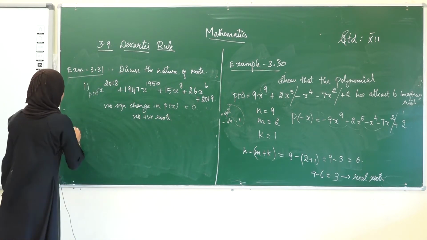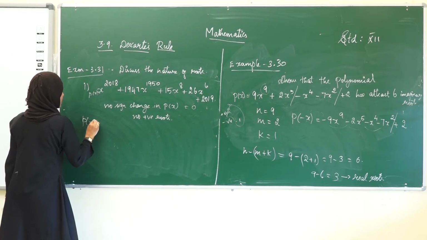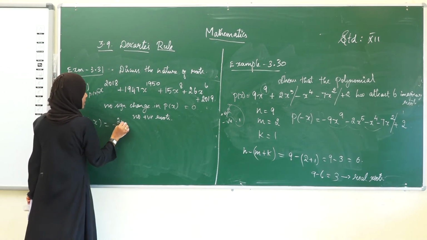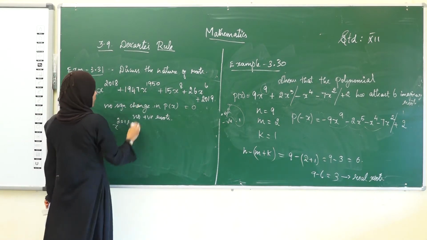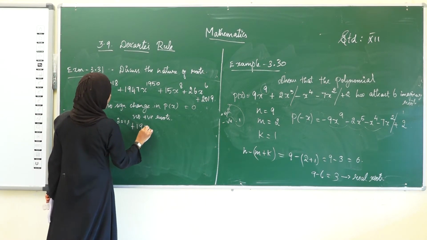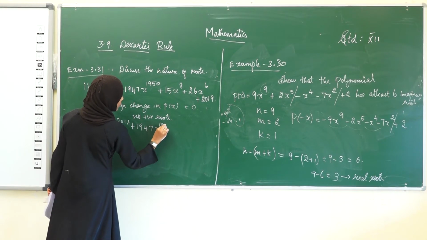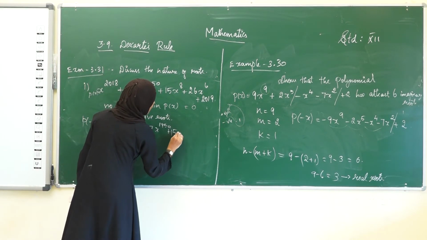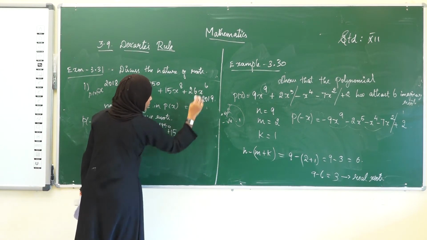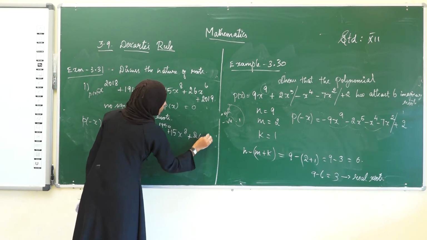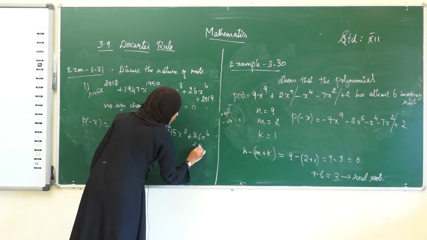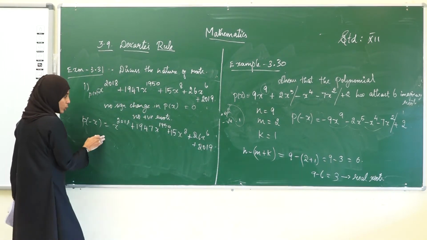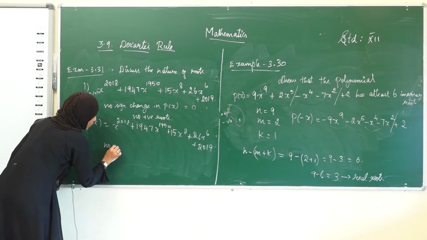Okay, see, let us take p(-x). What is p(-x)? This is even, there is no sign change here, and here it is also even, therefore no sign change here too. This is also even, we don't get a sign change here. This is also even, therefore there is no sign change when we change p(x) to p(-x).